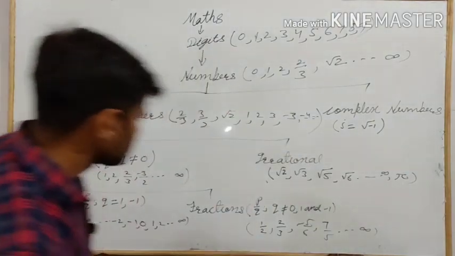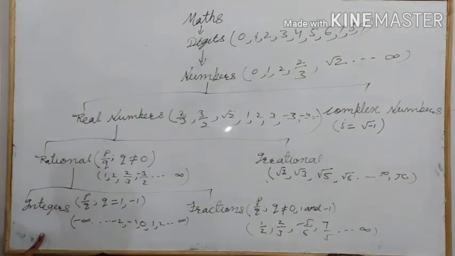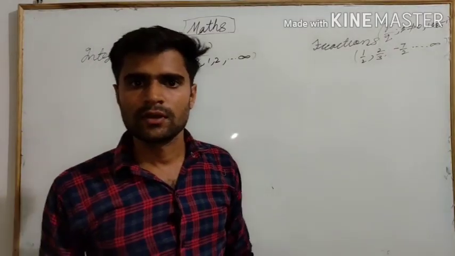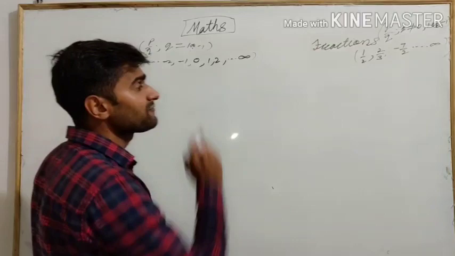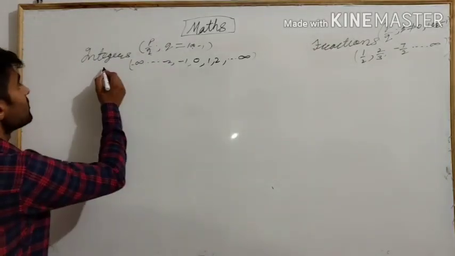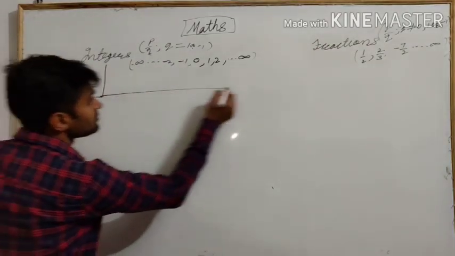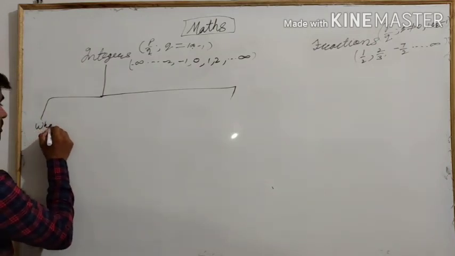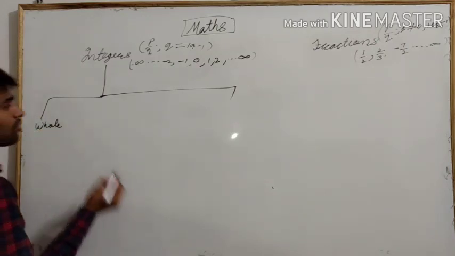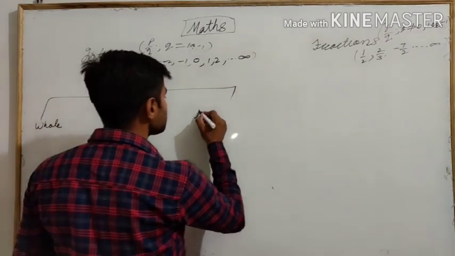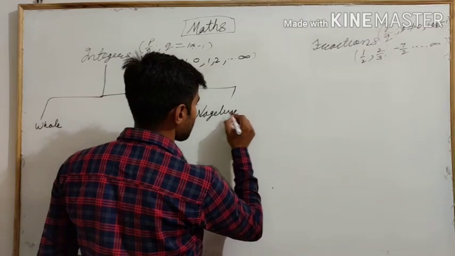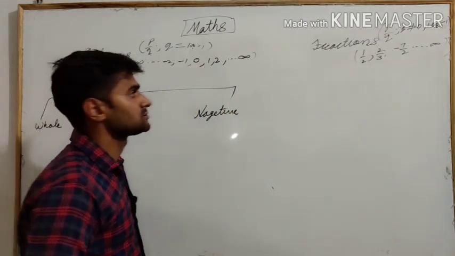Now integers have two types and fractions also have two. Integers and fractions. Integers have two parts. First, whole numbers, and second, negative numbers.